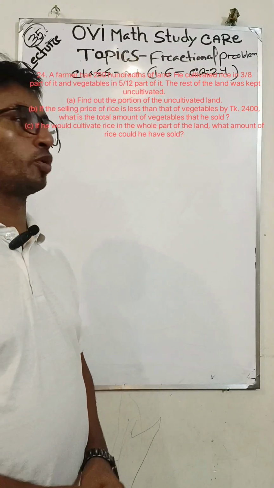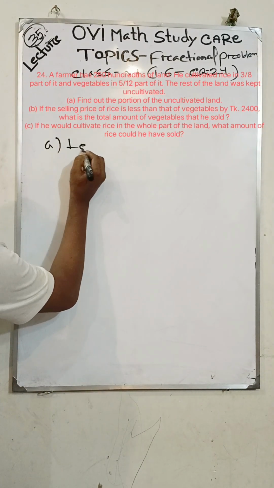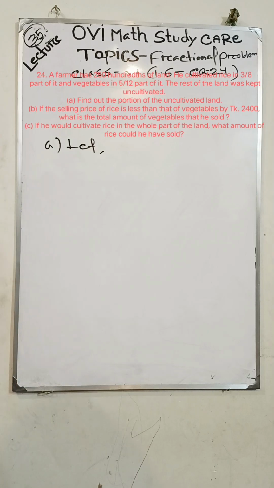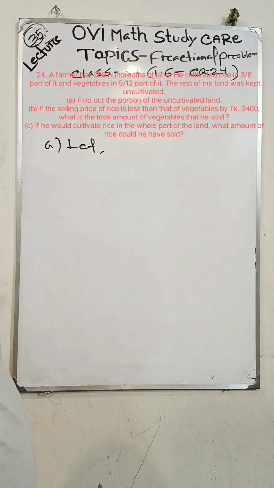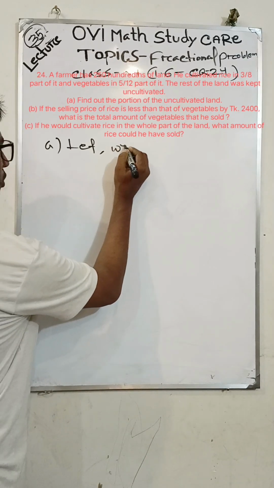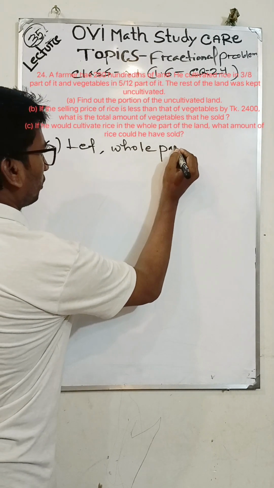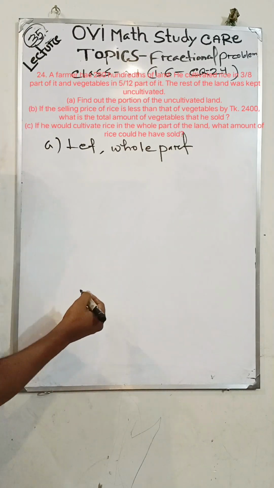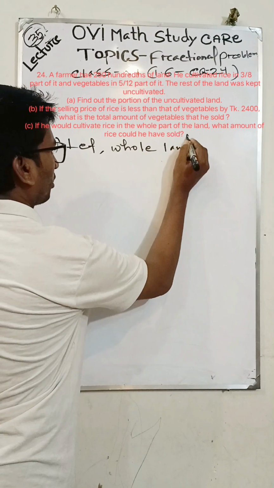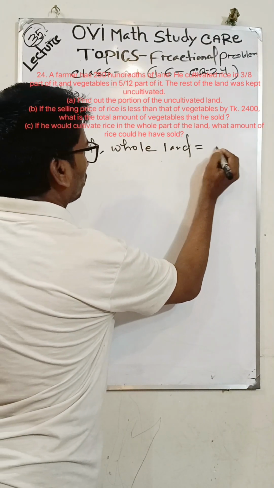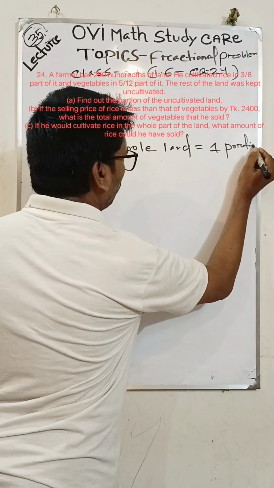At first we let the total part of land, the whole land of the farmer, equal to one portion.